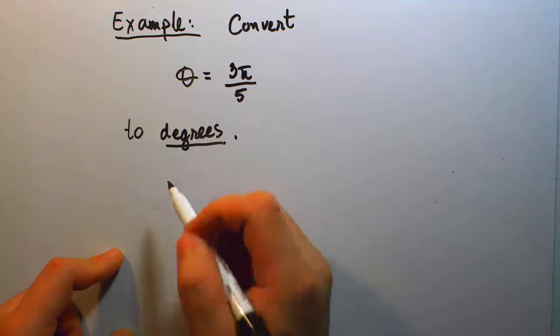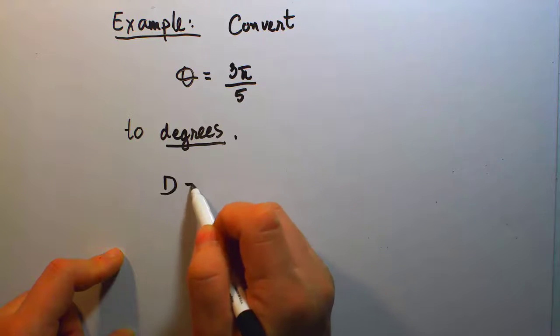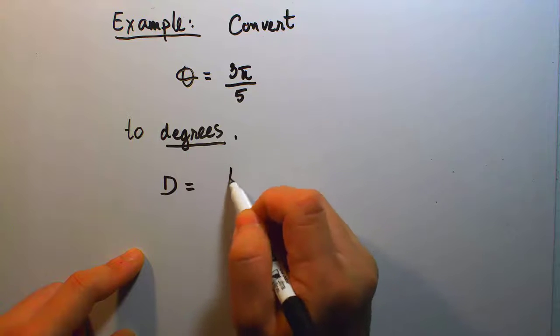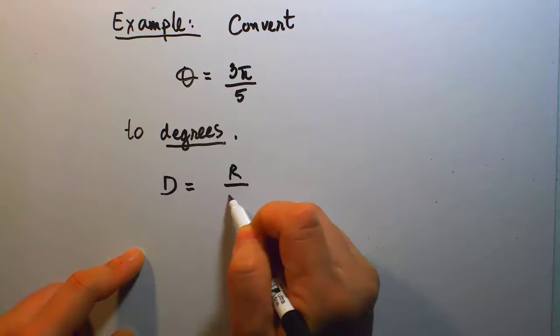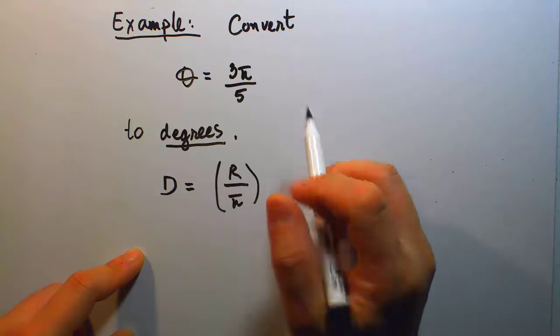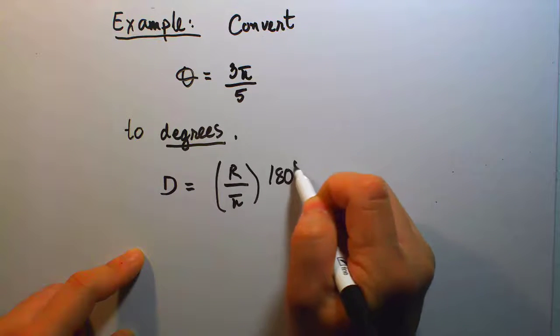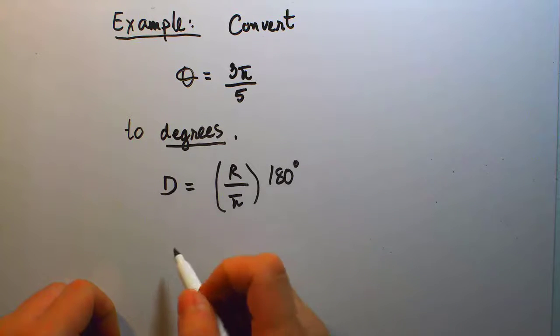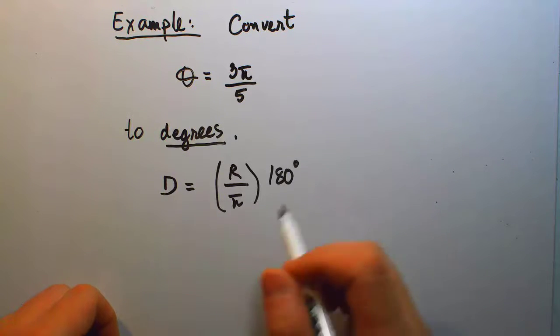The formula, as a reminder, is d equals the radians divided by pi and multiplied by 180.